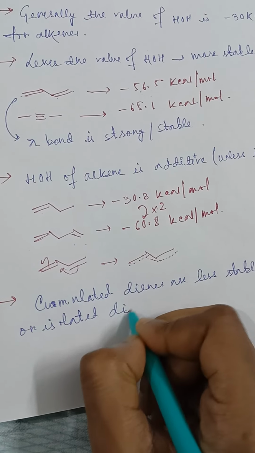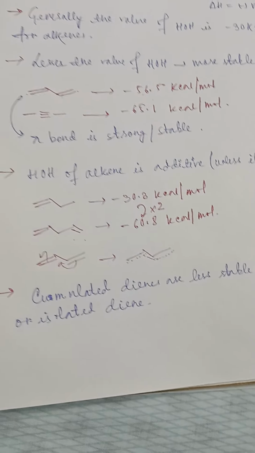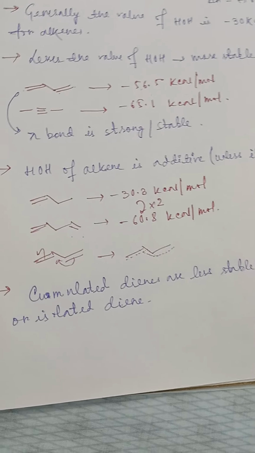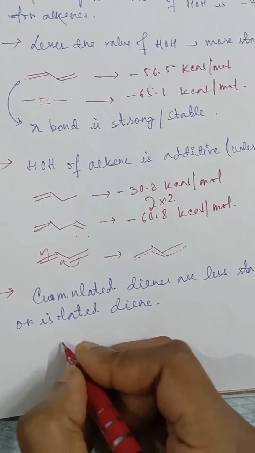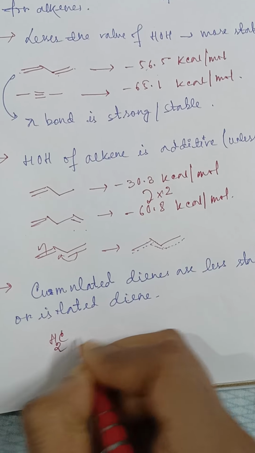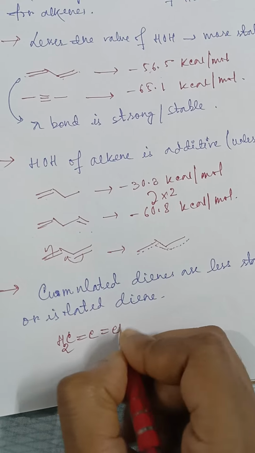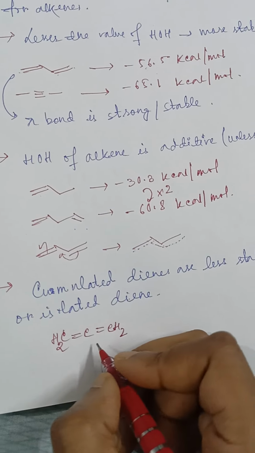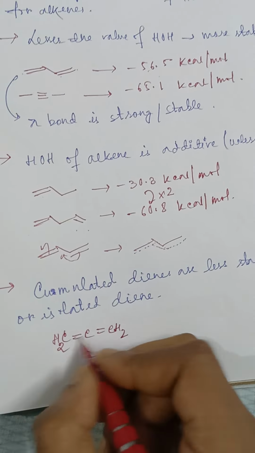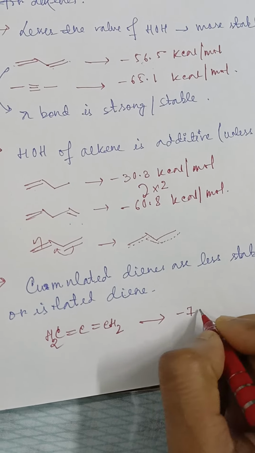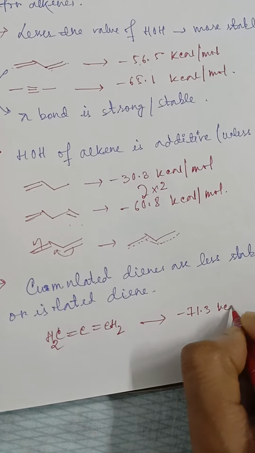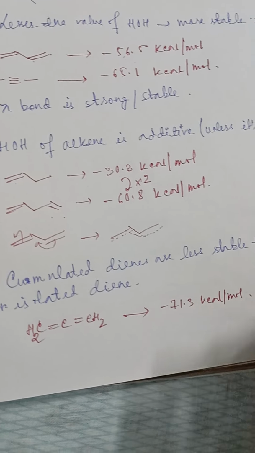What does cumulated diene mean? Cumulated means there won't be any conjugation, the double bonds will be side by side, like this compound, the allene. Here the value of heat of hydrogenation is around minus 71.3 kilocalorie per mole.